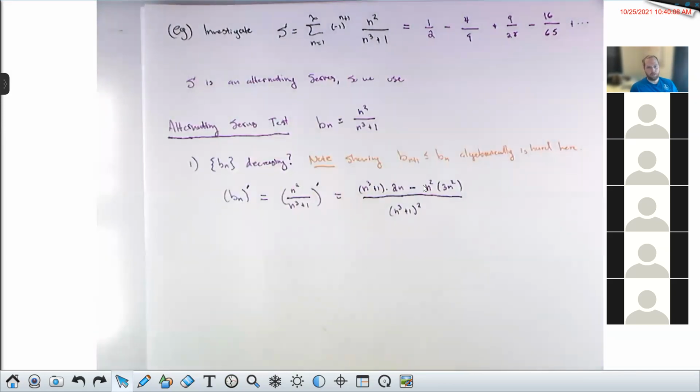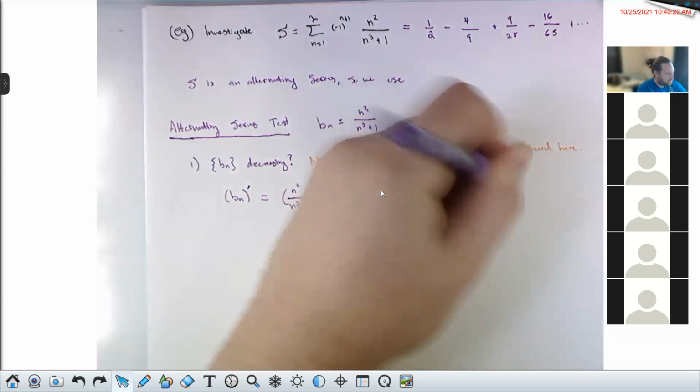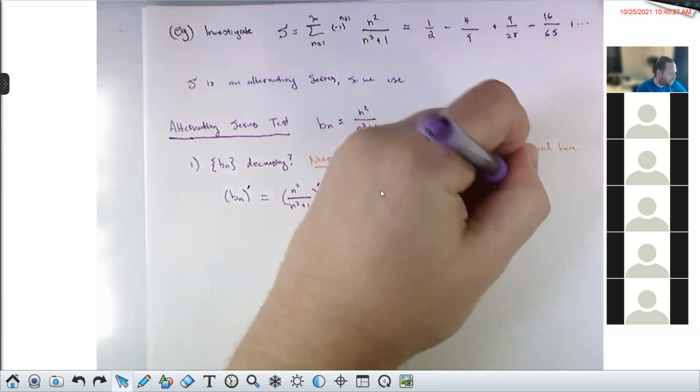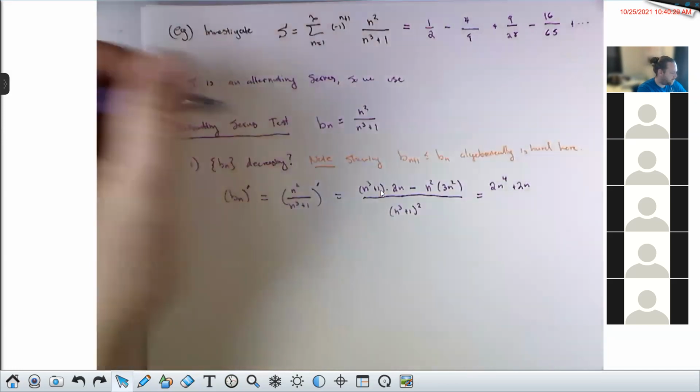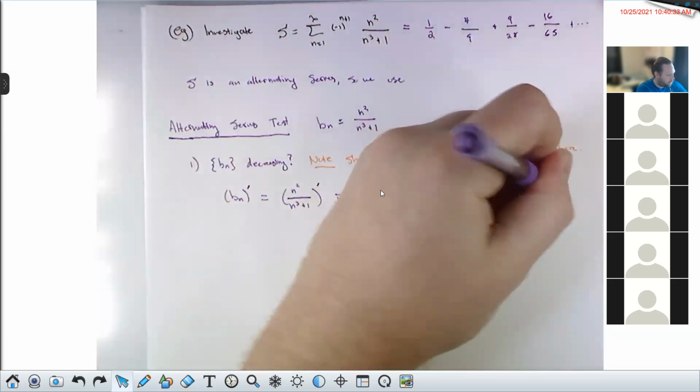Now, this bottom is always positive, so I'm not terribly worried about him. I do need to clean up the top to figure out what's going on. So I have n cubed times 2n, which is 2n to the 4. 1 times 2n, so that's plus 2n, minus 3n to the 4.